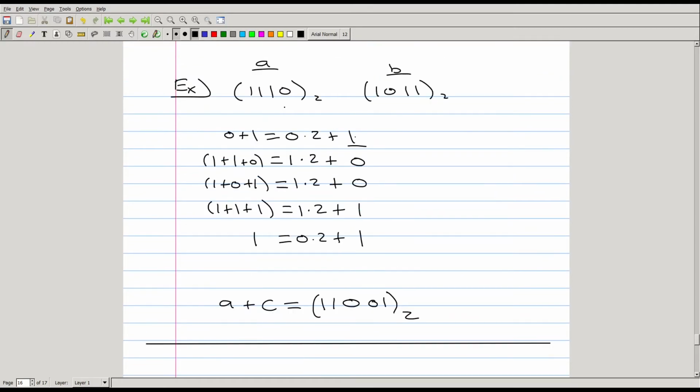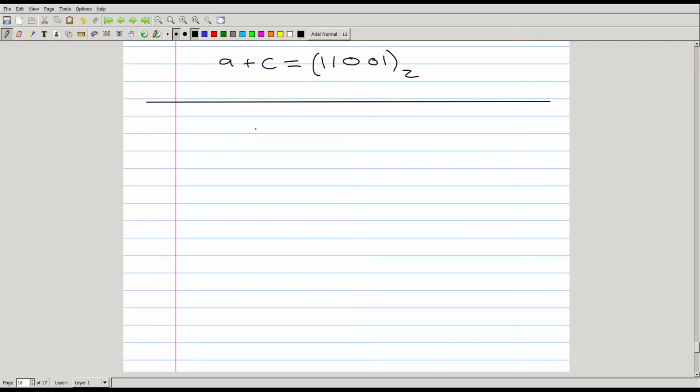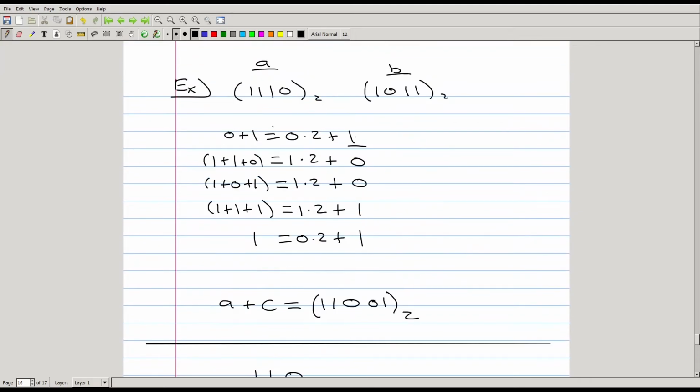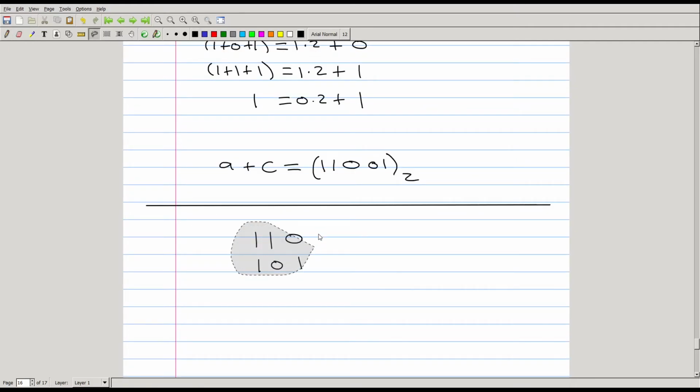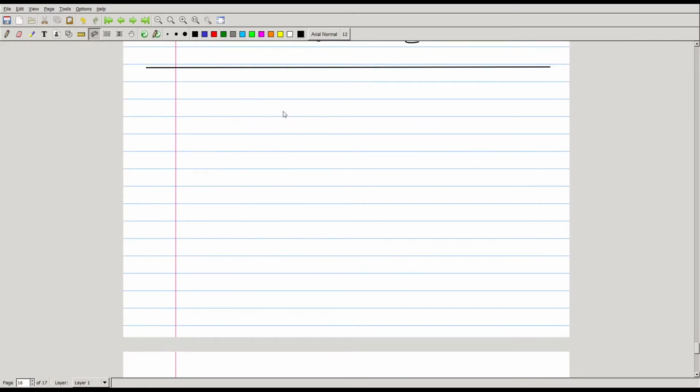So for example, if I want to add 110 and 1011, these two integers together, base 2, I start with the 0th order term, which is 0 plus 1, or 1.